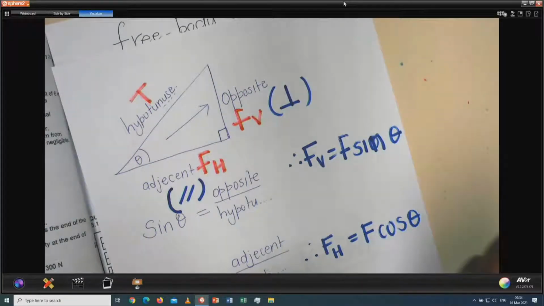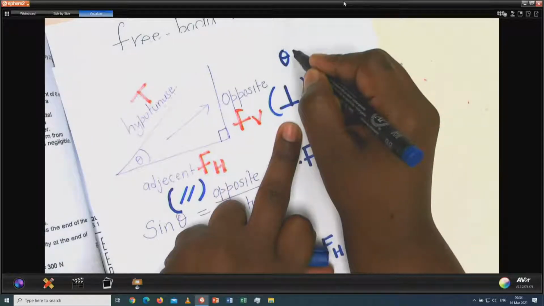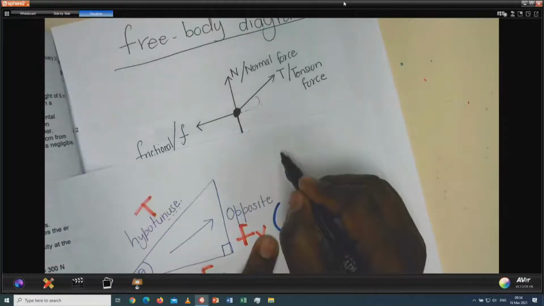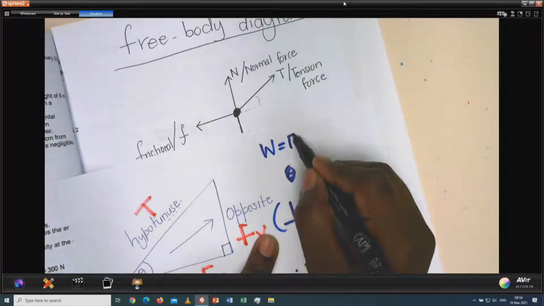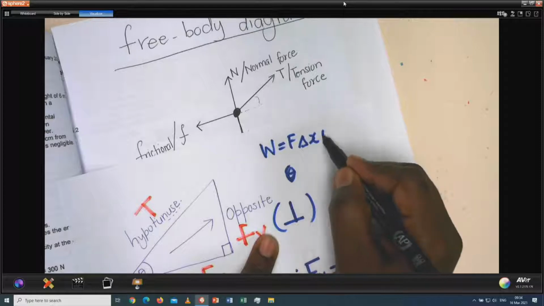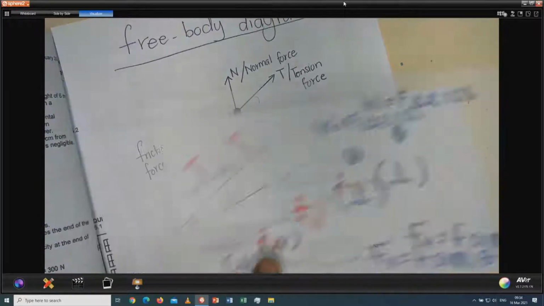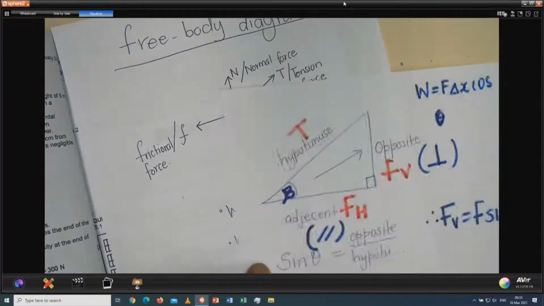So if this one is perpendicular, that means the theta for the direction of work done, let me just write it here, from this formula, W equals F delta x cos, now I have too many thetas. Let's change this one into a beta.